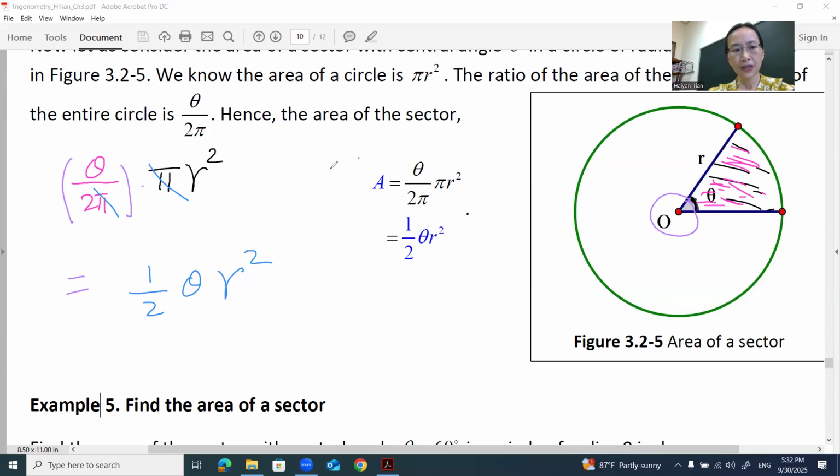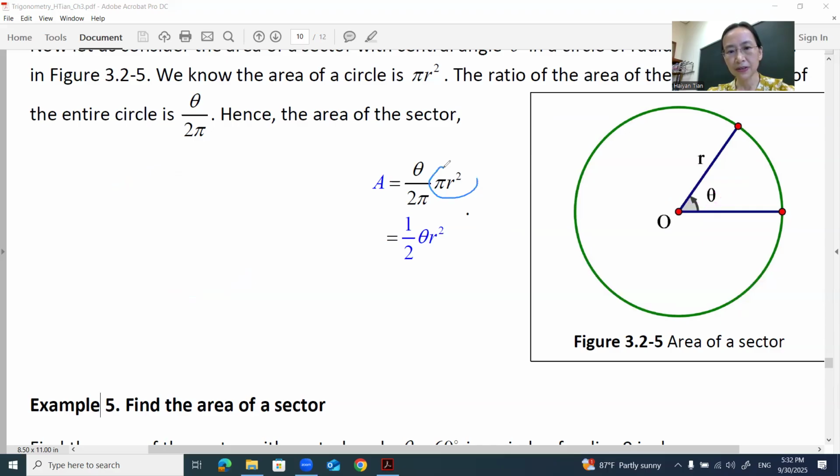Pi r squared is the area of the whole circle, and theta over 2 pi is the percent of the whole circle, because the sector corresponds to the central angle measuring theta radians, and 2 pi is the whole circle.